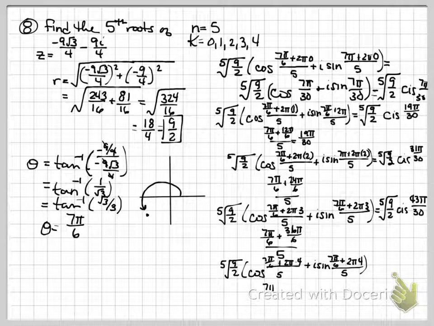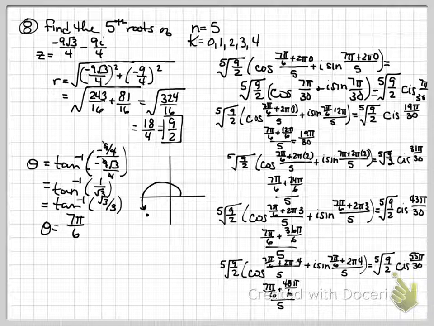We have 7 pi over 6 plus, this time 2 times 4 is 8, 8 times 6, so that's 48 pi over 6 divided by 5. 7 plus 48 is 55 pi over 30, so fifth root of 9/2, CIS of 55 pi over 30.